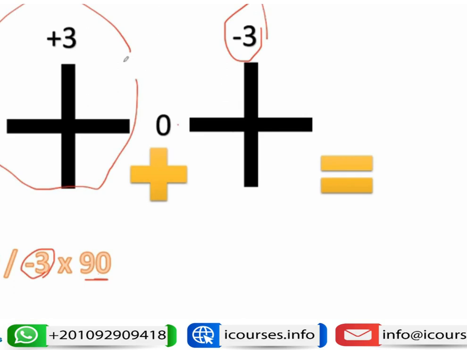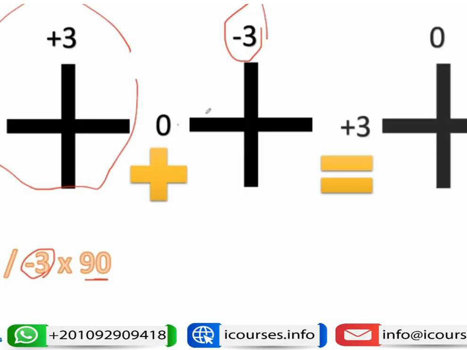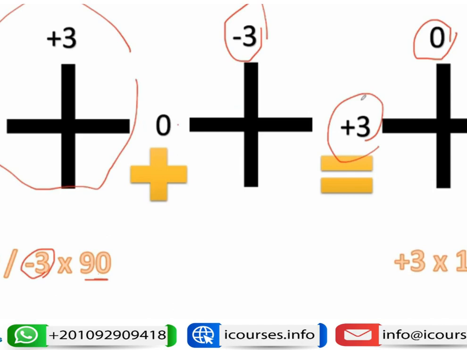Also, if we do an algebraic summation of the power of the vertical and the horizontal meridian, +3 plus -3 will be 0. So the net power at the vertical meridian will be 0. And if we add the +3 of the horizontal meridian to 0 in the horizontal meridian, it will equal +3. So this lens formula will be equal to a lens that has only +3 at axis 180 degrees.